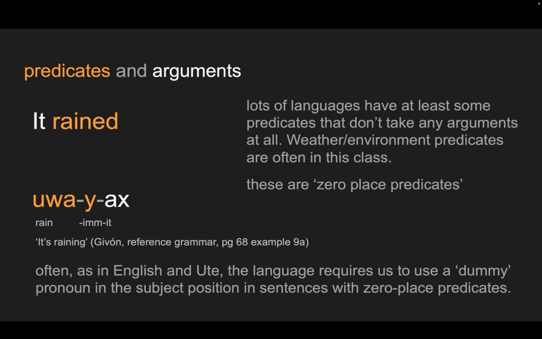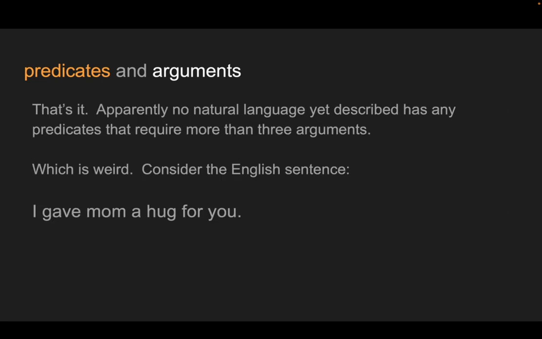So that's very common. Now here's the part where you should have a nightmare about why is language like this. It appears to be the case that the words that we build predicates from in natural languages, the kinds of predicates we get are zero place predicates, or else one place predicates, or else two place predicates, or else three place predicates, and that is all.